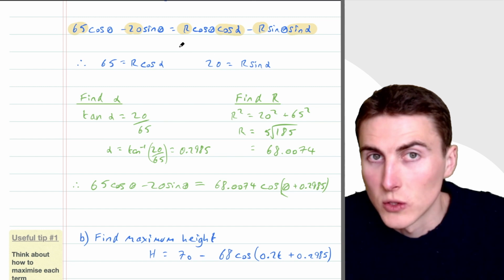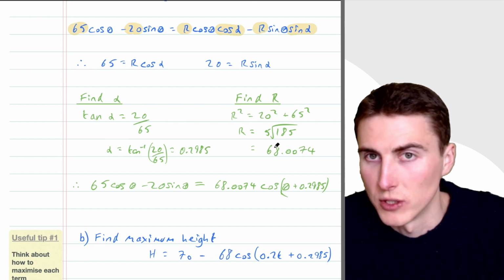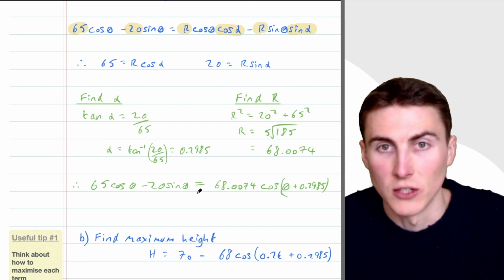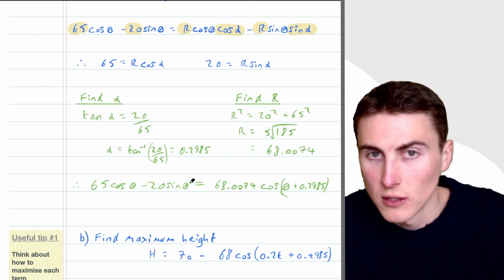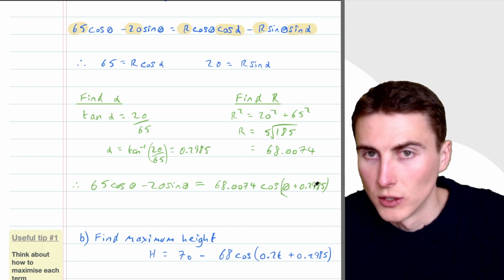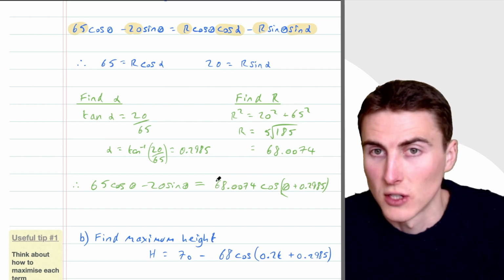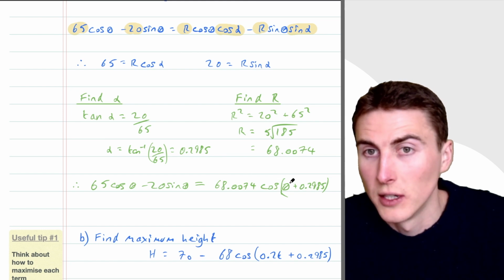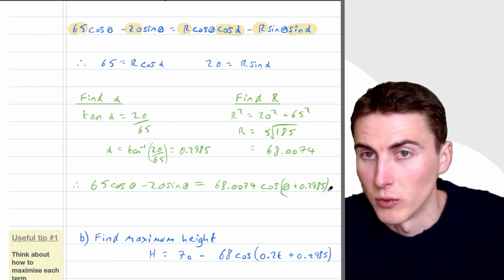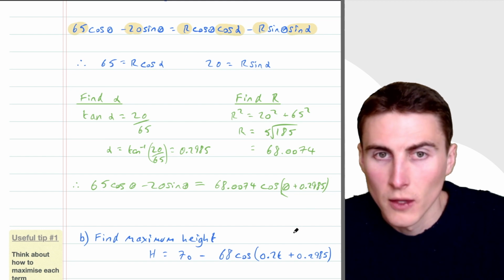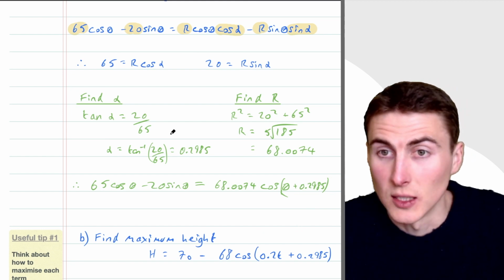For r, we do 20 squared plus 65 squared equals r squared, and we square root it to find r. And that's it. Now we've rewritten all of this as one single function, which looks a bit long and complicated because everything's at 4 decimal places, but it's basically 68 cos of theta plus 0.3, roughly. Awesome. So that's the basic bit done.